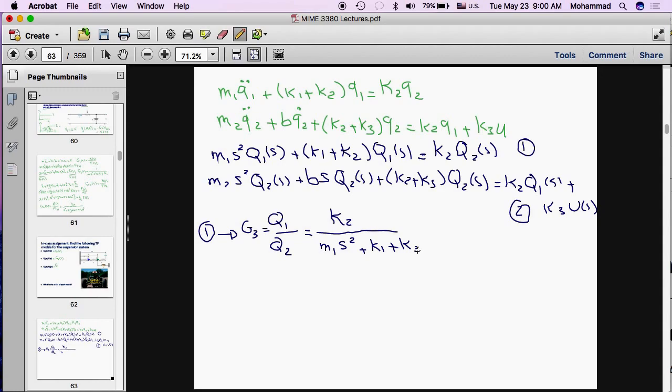Or more importantly, what is it that you don't see in the denominator of this transfer function? There is no bs, which means there is no damping. So as mass 2 moves, mass 1 would move, but there is nothing to take energy away from that motion.